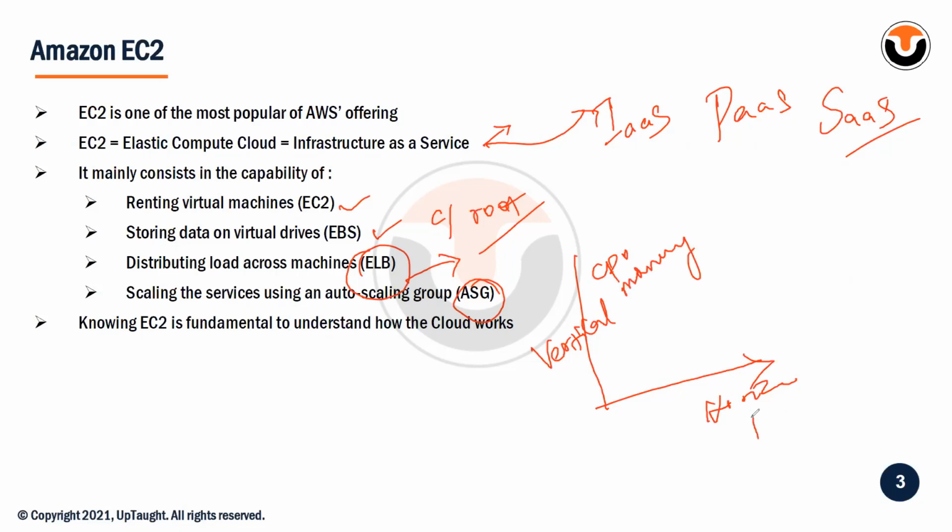Horizontal scaling is adding more machines, instances. So here, the auto scaling we talk about will add more instances the moment there's a huge demand. So we call that ASG, auto scaling groups.